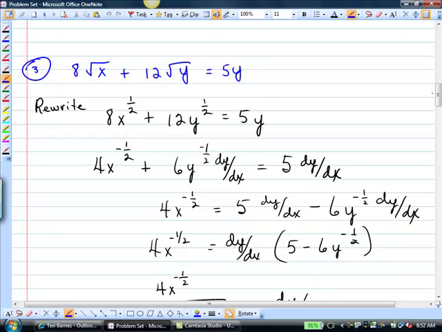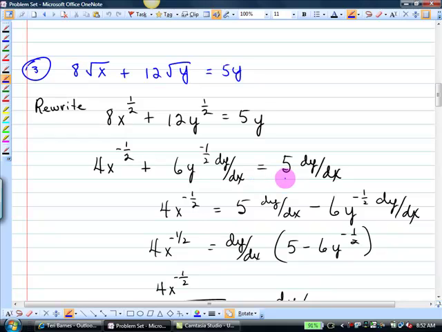So now you're going to take the derivative of each of those pieces. There's not a product, so this is pretty straightforward. The derivative here is 1/2 of 8 is 4, x to the negative 1/2, plus 1/2 of 12 is 6, y to the negative 1/2 dy/dx. Got to plug the dy/dx on there.